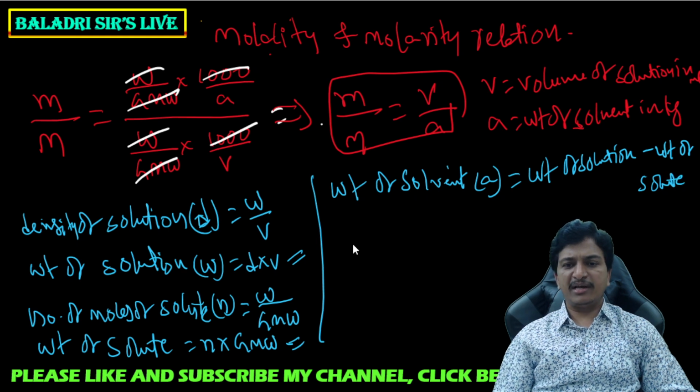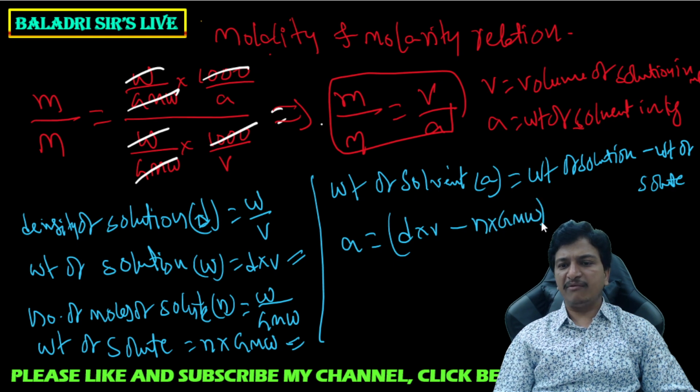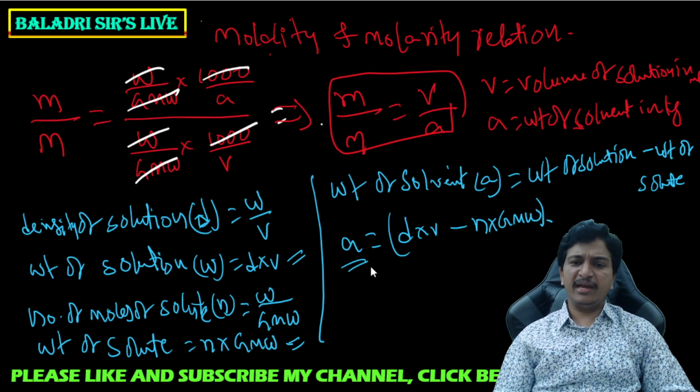So A is equal to density into volume minus number of moles of solute into gram molecular weight of solute. In place of A, you can write density into volume minus number of moles of solute into gram molecular weight of solute. In this formula you can substitute.